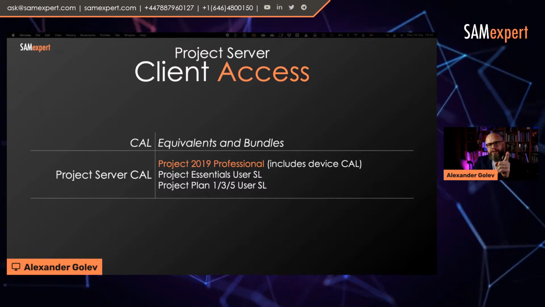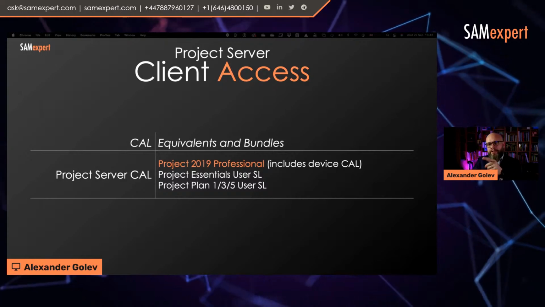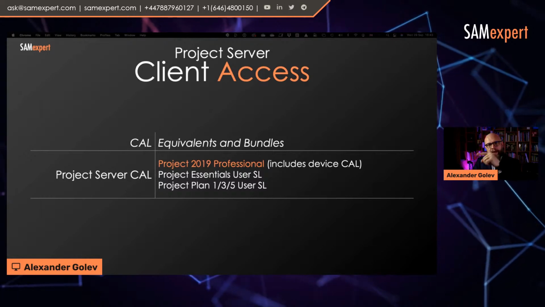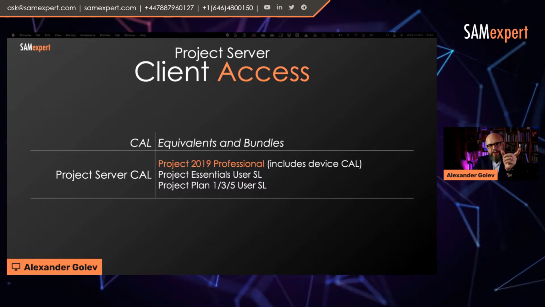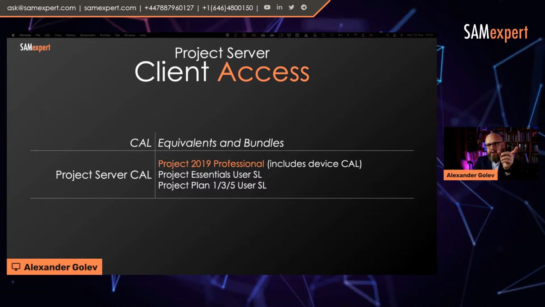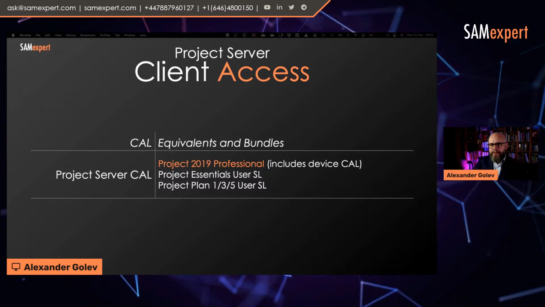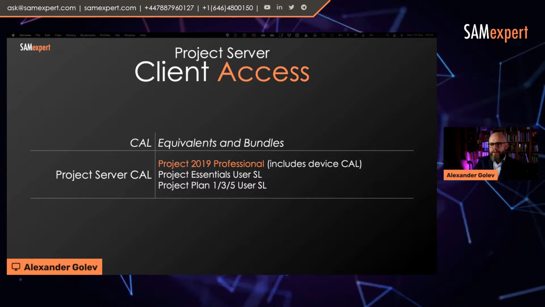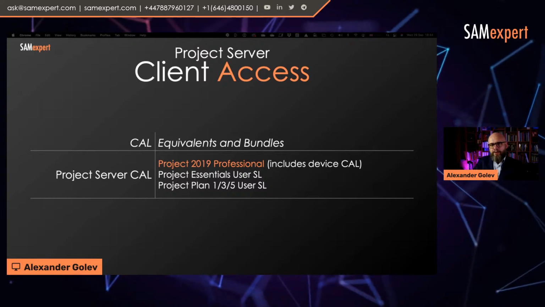Yep, CAL equivalents. It has a very interesting CAL equivalent. Every Project 2019 Professional, actually every Project Professional, but you need 2019 Professional because the CAL version must be either equal or higher than the version of the server, includes a device CAL. And for online subscriptions, these 2 subscriptions, Project Essentials and Project Plan, either 1 or 3 or 5, you use a subscription license.